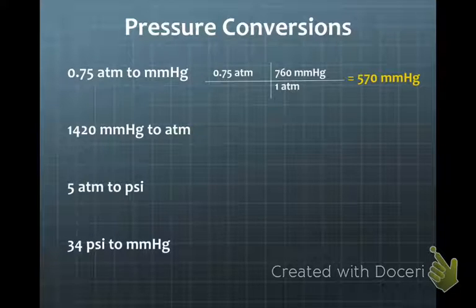The next one, I want to convert 1420 millimeters mercury to atm. So you're going to want to start with mercury on the top left, and you want to put atm in the top right. So let's see what that setup looks like.